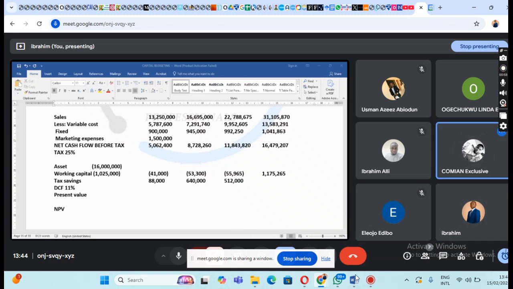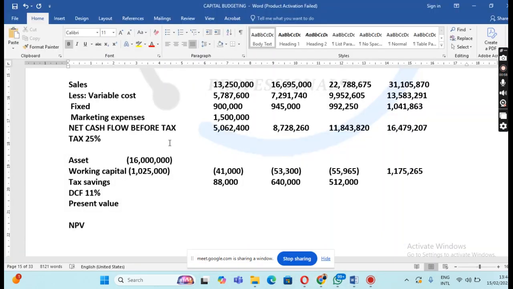1,265. Okay, so this is one, 1,265, 625. So that is the tax, right? And it is calculated on what?